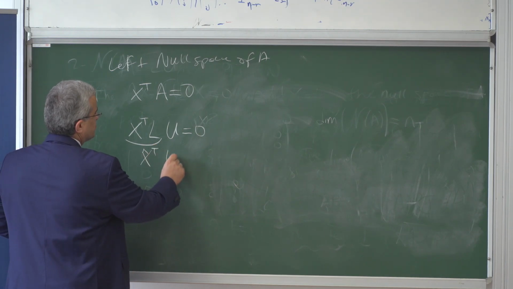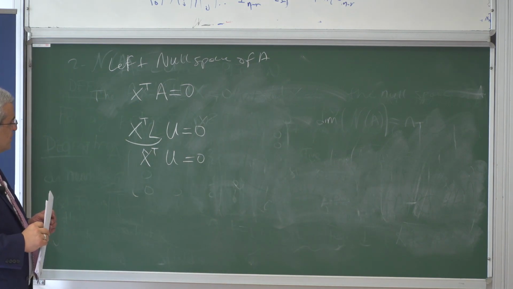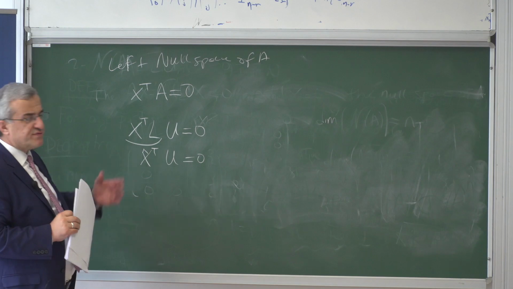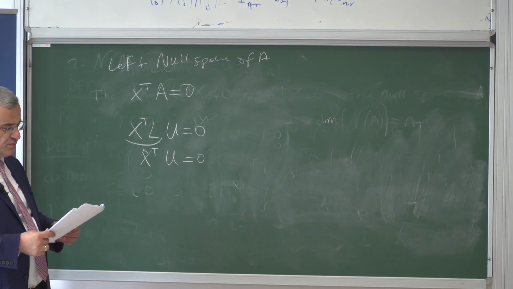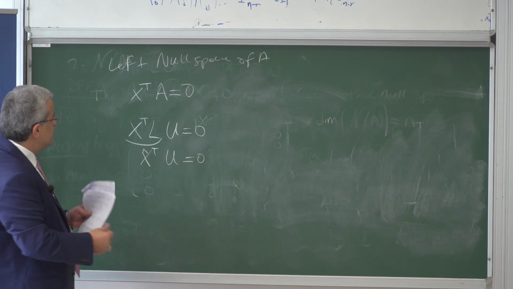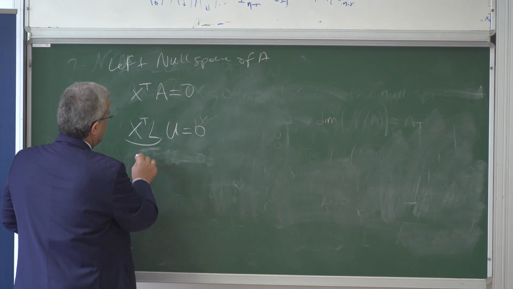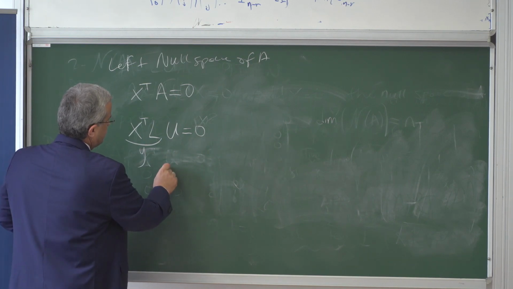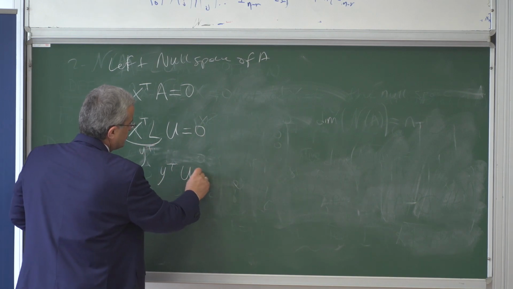X hat transpose U equal to 0. Then what do I say? The left null space of A... wait a minute. So we will call this Y, and then we say Y transpose U equal to 0.